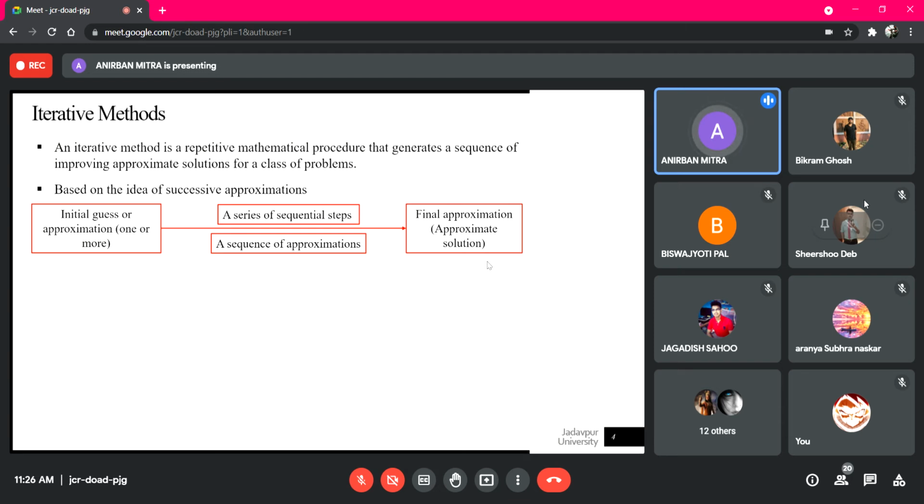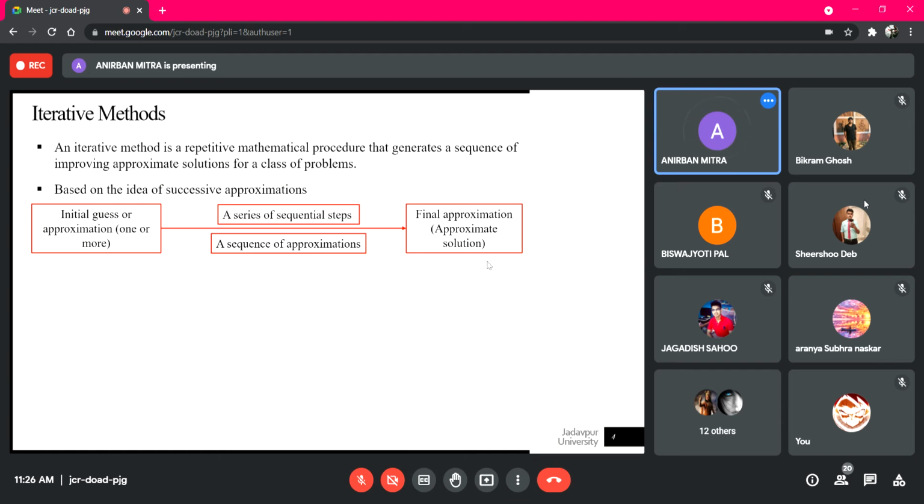Now here comes the question, how do we know that the guesses are improving or approaching the actual solution? I can qualitatively say that it is improving, but I have to justify that statement by some quantification.